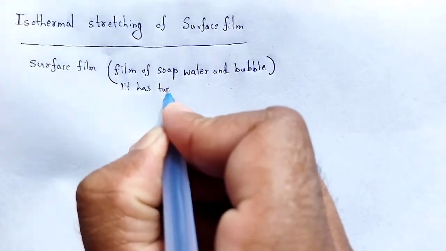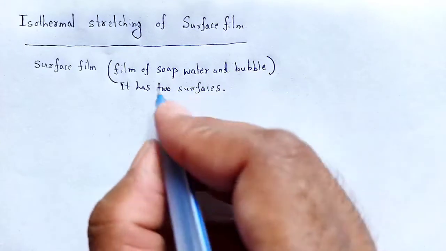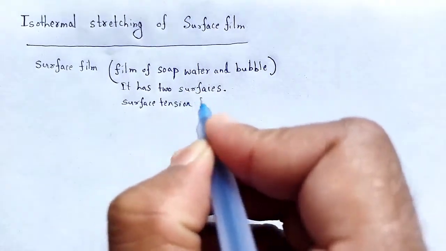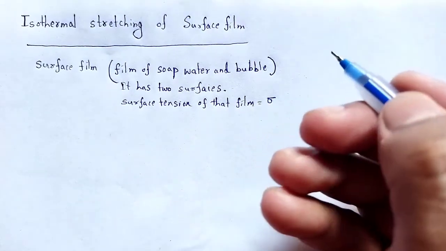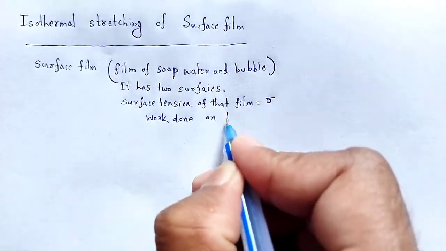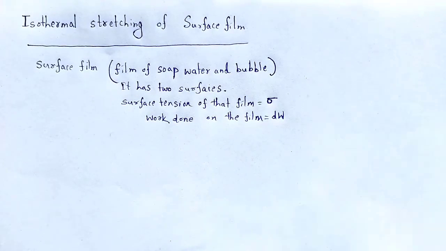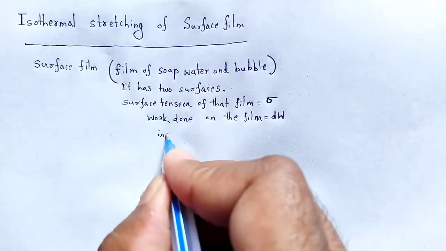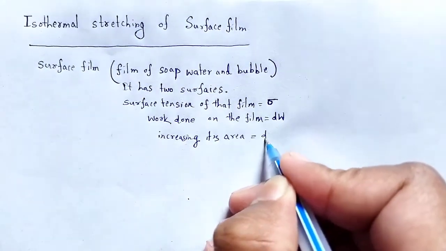Let the surface tension of that film be sigma, and the work done on the film, let dW be the small work done on that film, increasing its area by dA.